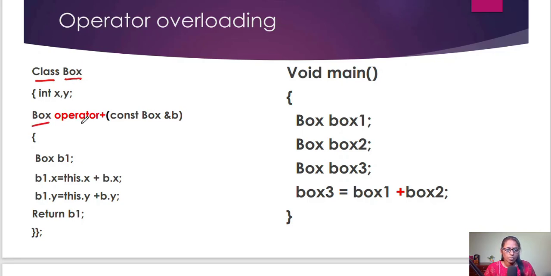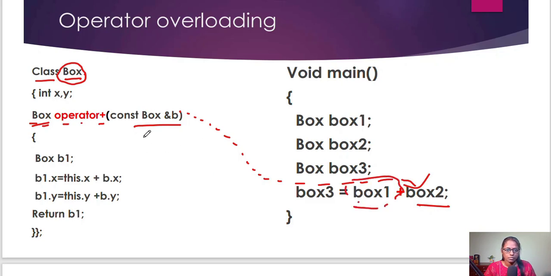Class name operator plus, const box ampersand b. That means here this box 2 object is the copy of this object of the class box, and this one is box 1.